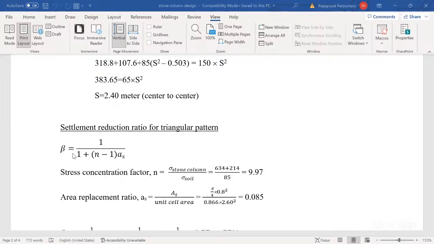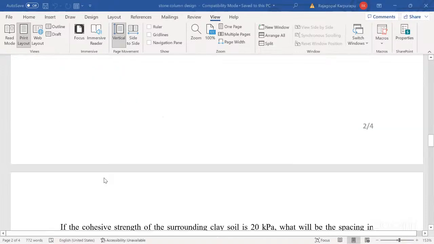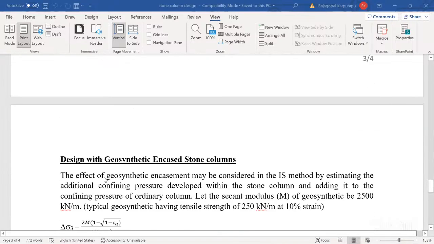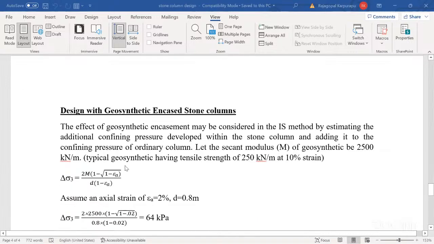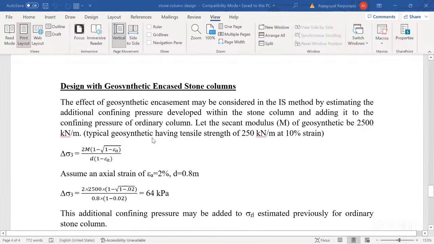The beta will be lesser, and you can extend the same thing with providing the geosynthetic encasement.